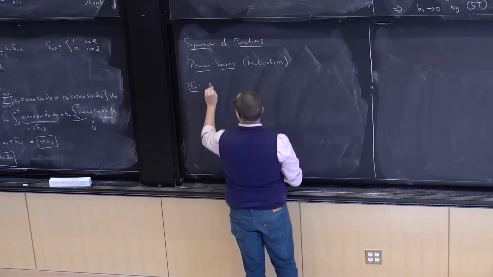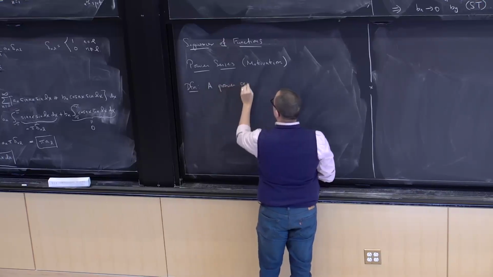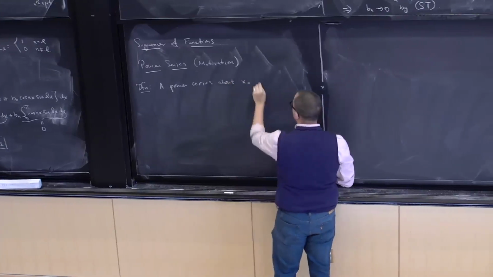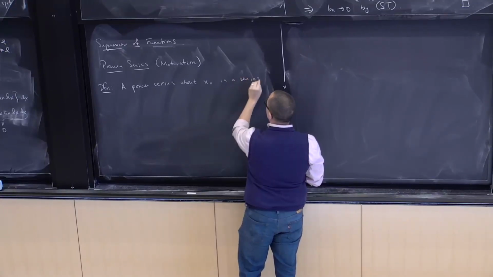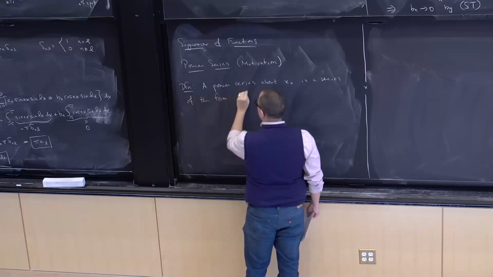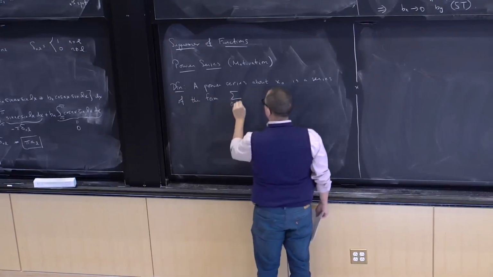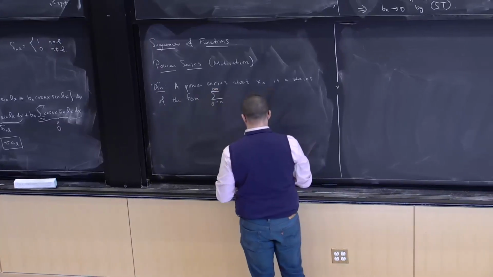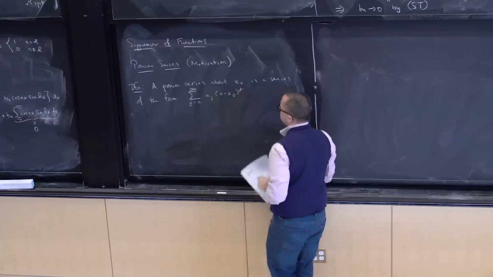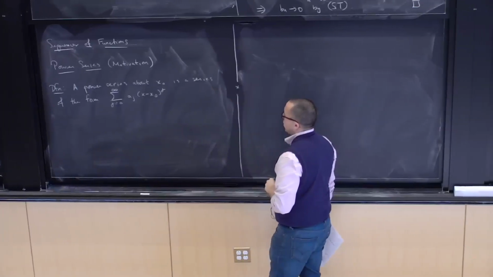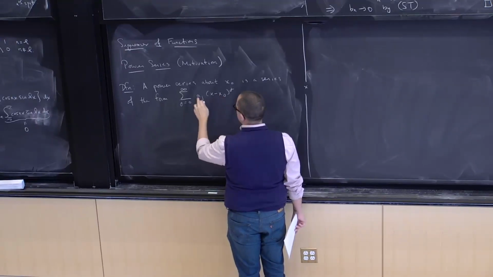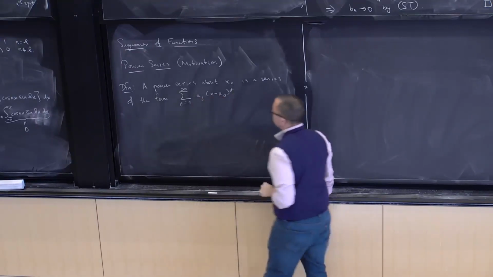So, a power series about a point x naught is a series of the form the sum from j equals 0 to infinity of a sub j times (x minus x naught) to the j. So x naught is given, and the things that could change are the coefficients or this number x here.